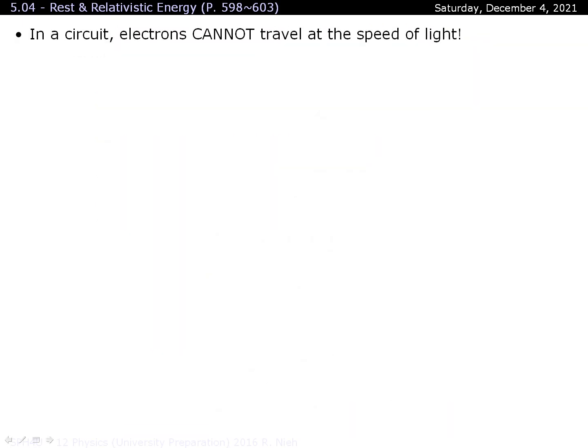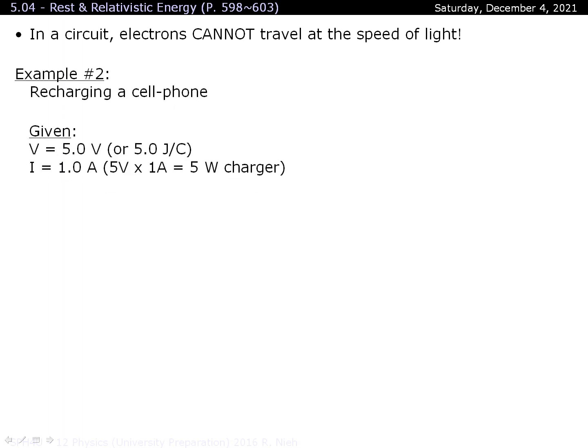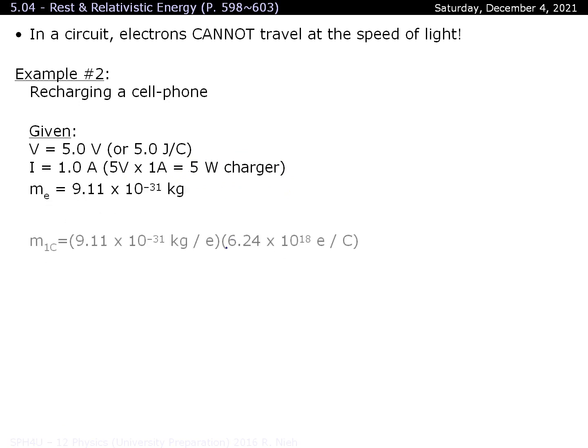As a reminder, electrons cannot travel at the speed of light, because if they did, it's going to go crazy. Let's go through this example. Let's say you have one of those simple 5-watt chargers, the ones that came with the original iPhones and iPads, which took pretty much forever to recharge. Even at a paltry 1 ampere or a 5-watt charger, look at the math. It doesn't make any sense.